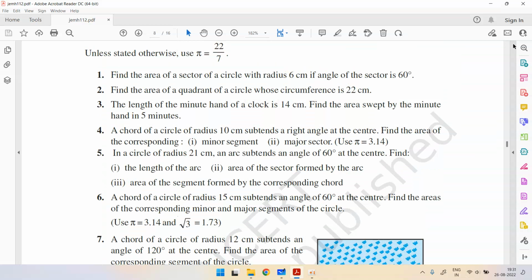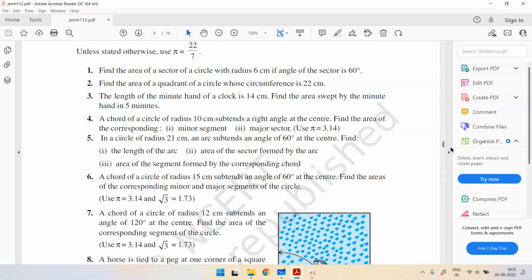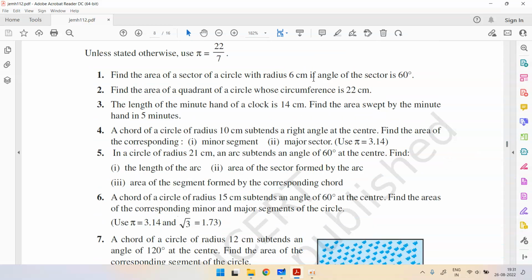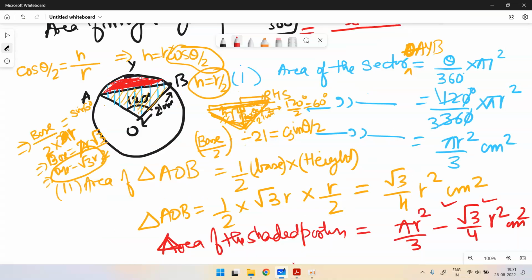Find the area of a sector of a circle having radius 6 centimeter, if the angle of the sector is 60 degrees. Same old thing.